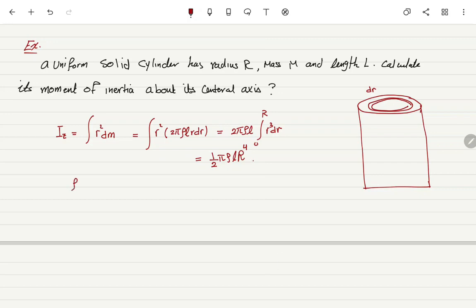And remember, rho, the density, is equal to mass over volume, and in this case it's equal to mass over the volume of the cylinder, pi r square l. You substitute things together, and you will get the moment of inertia about the z-axis for the cylinder. It's equal to half mr square.